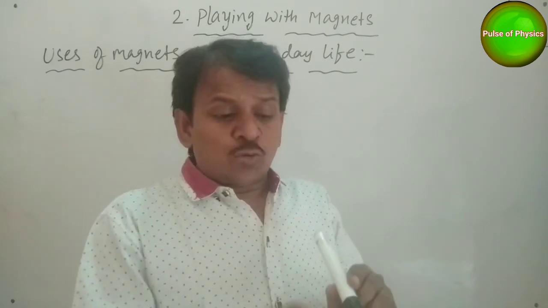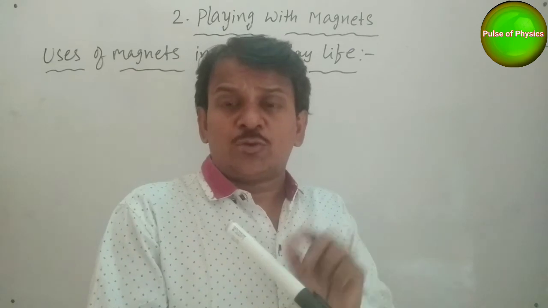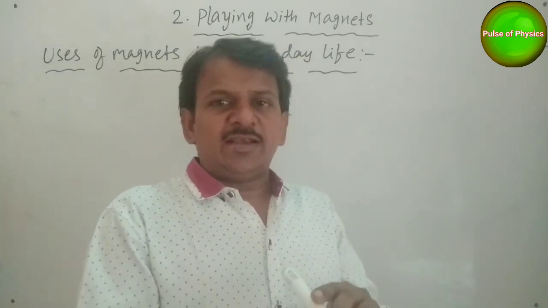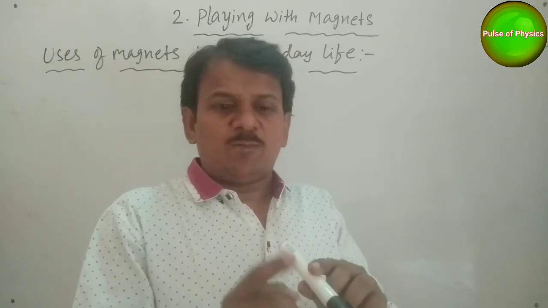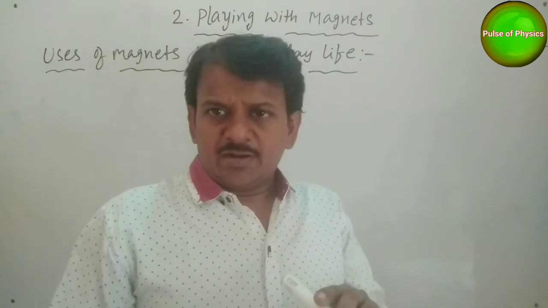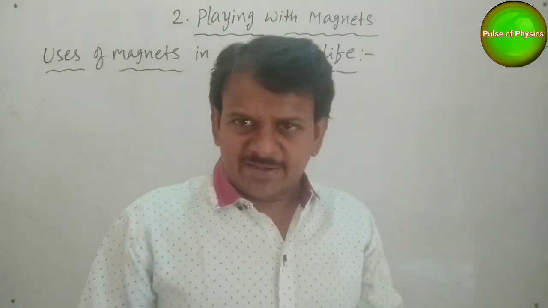Earlier that stone was called lodestone. It has some weight and it was lifted by the metal cap of the shepherd's stick. Right? This is the story behind the magnet.